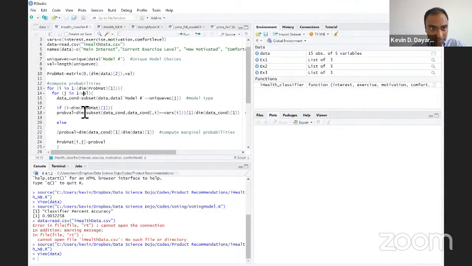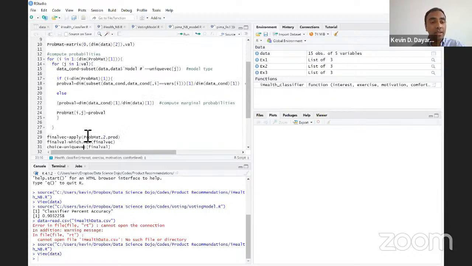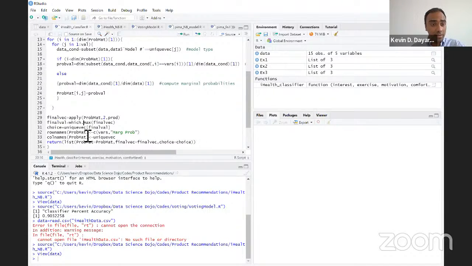That is done right here. And this goes on for up to one less than the dimension of the matrix, because at the very end of this, we tag on the marginal probabilities, which we need. And boom, we compute the product of those probabilities, which we did in the slides, and output the results.